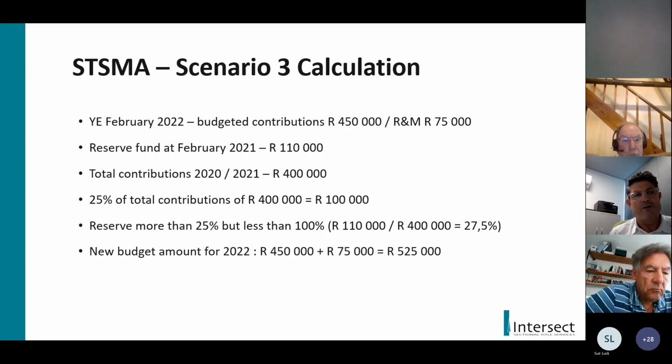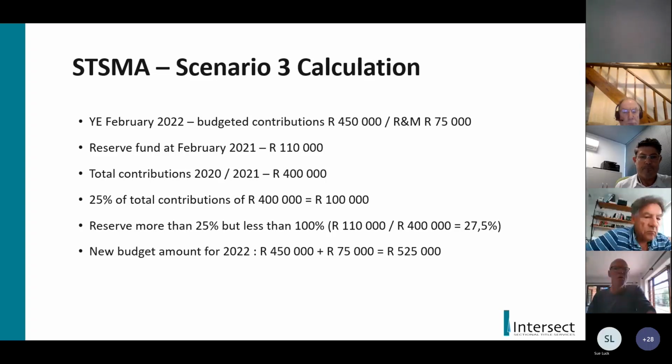So here you have 3 scenarios, one being from 0 to 25, the other one being from 25 to 100%, and the other one being for 100% and more. So these calculations are very, very important, especially in conjunction with your maintenance, repair, and replacement plan contributions, because this will determine what your contributions then have to be to your maintenance reserves.